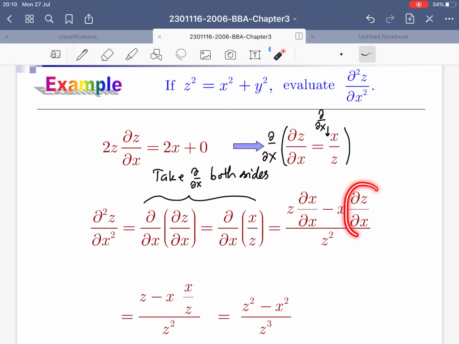But what is your dz by dx? You already have it, which is x over z, and then this one is z squared. So you can simplify, for example, by multiplying, so you have z squared minus x squared, and the total divided by z cubed. This is how you evaluate a further, higher derivative from an implicitly defined function.